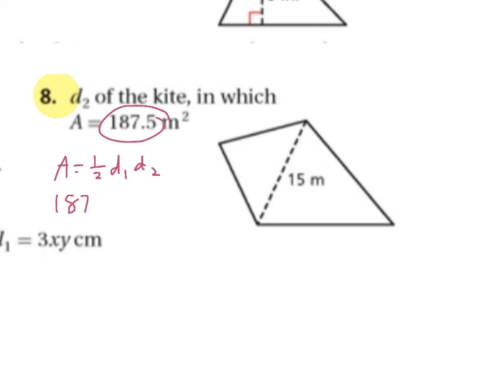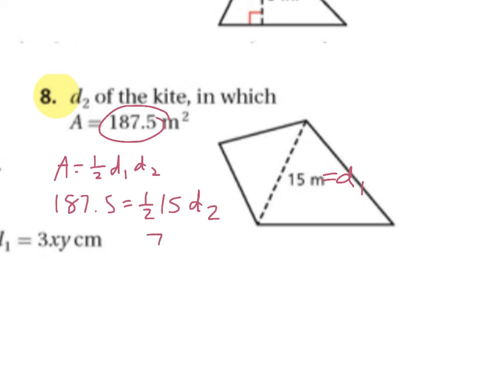So we have 187.5 is equal to 1/2. And it gives us diagonal 1, so this 15 is equal to diagonal 1. So we just put 15 in for diagonal 1, and we're looking for diagonal 2. Now our goal here is to get it to be diagonal 2 equals. So we just have to divide what's being multiplied in order to get it to the other side. So we can multiply these two together first.